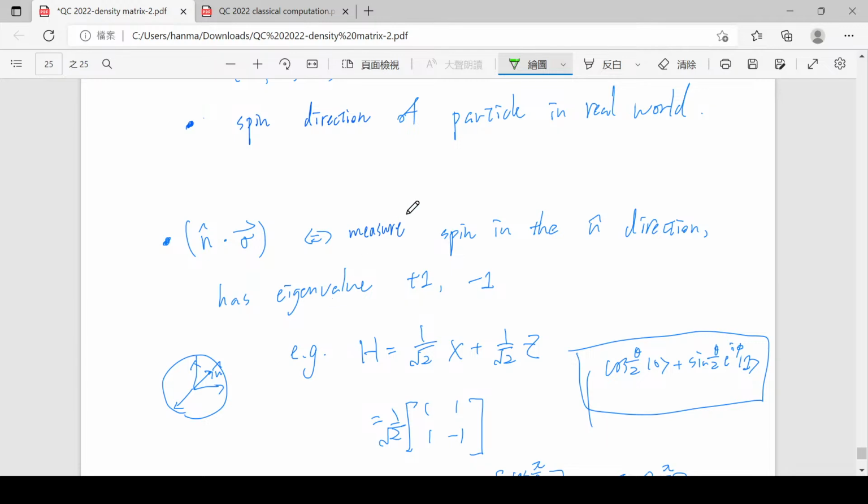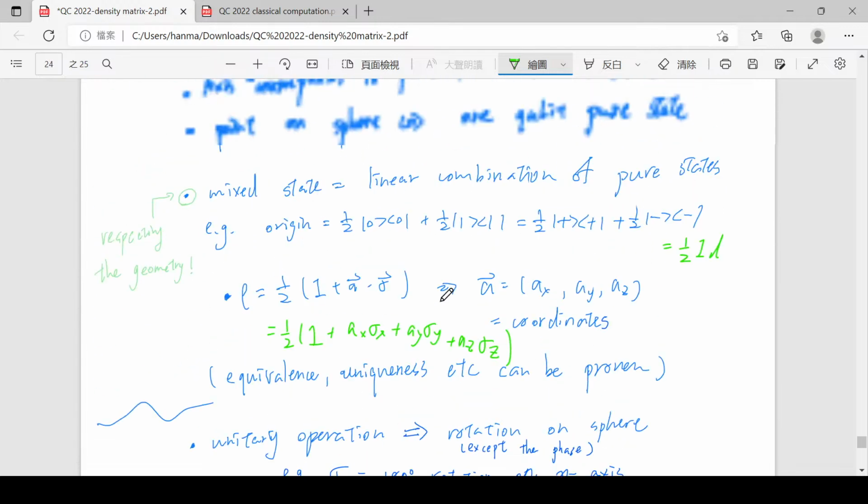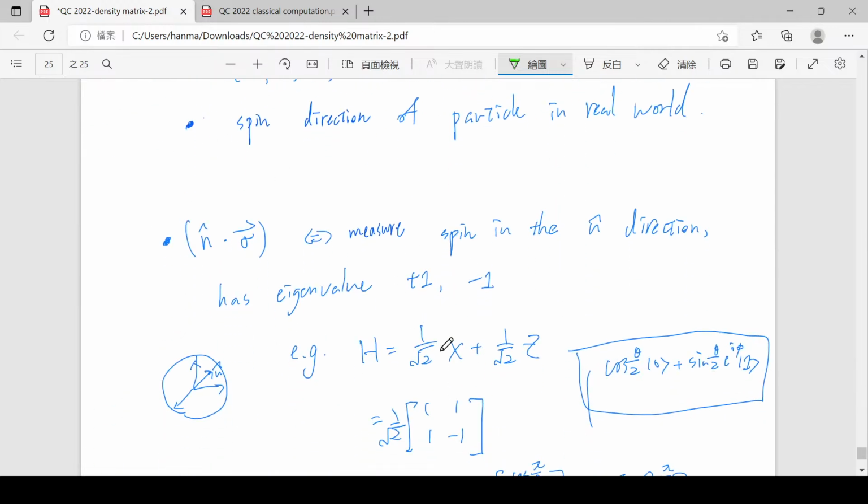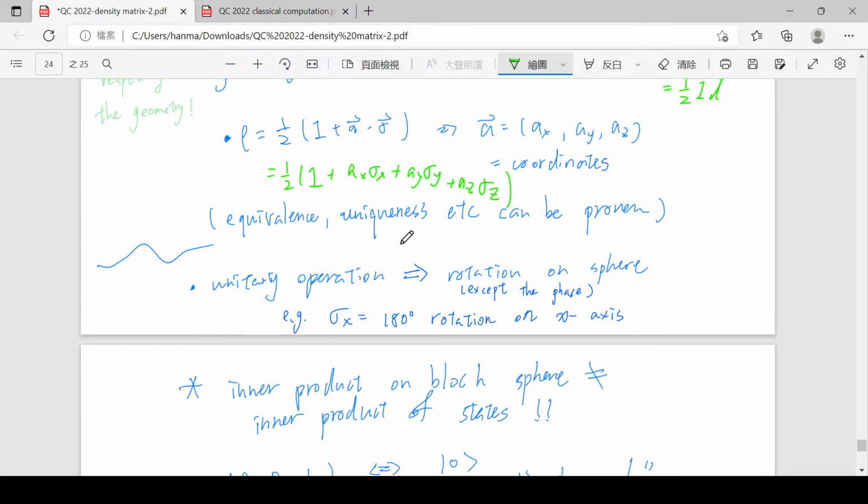There are measurements you do on one qubit. Obviously, for generalized measurement there are a lot of measurements, but one particular kind corresponds to the very physical operation of measuring your spin in some direction.